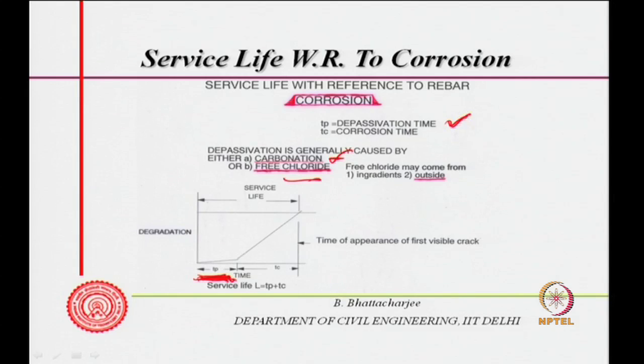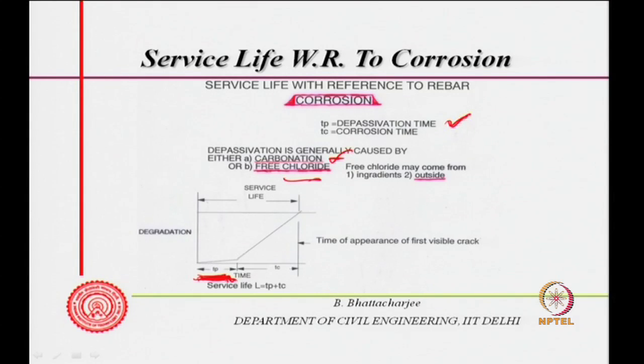So, once the depassivation has occurred, that is the layer of oxide which is formed on top of the rebar at high pH level is destroyed at a pH value which is low.